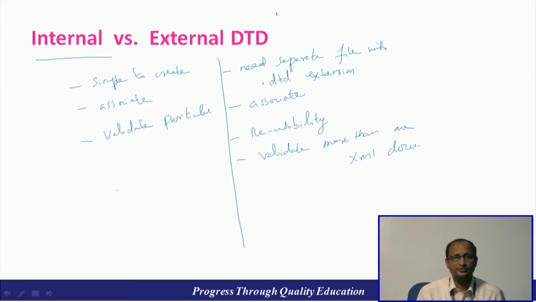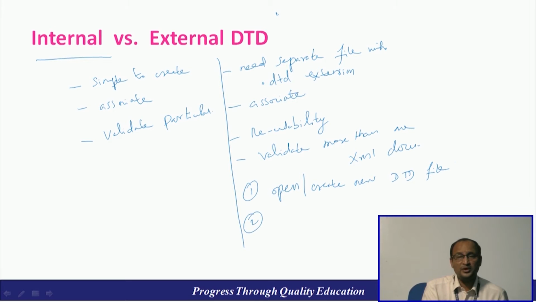We have to remove the written internal DTD content and save it as an external file. The procedure for external DTD: first we have to open or create a new DTD file. Then we have to include definitions about the XML content.